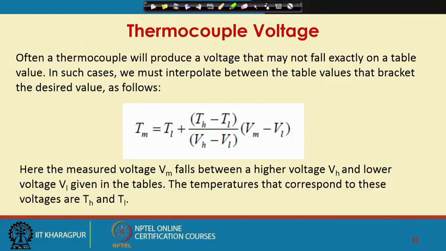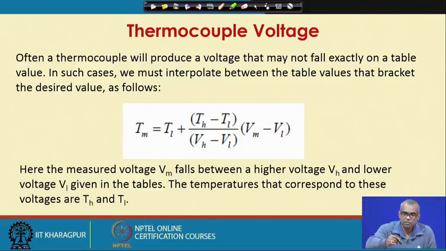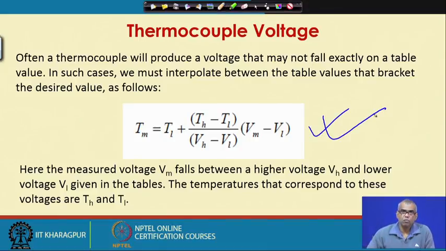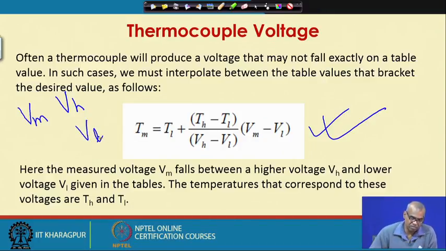In such cases, we must interpolate between the table values that bracket the desired value, and this formula can be used for interpolation. Suppose my thermocouple gives me an output which is Vm millivolt. Now, I see the table and find out that there is no such value listed, but that there is a value which is slightly higher than Vm, let me call that Vh, and there is also a value which is slightly lower than Vm, let me call that Vl.